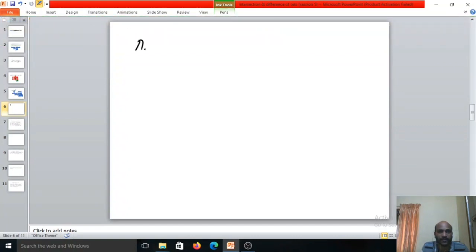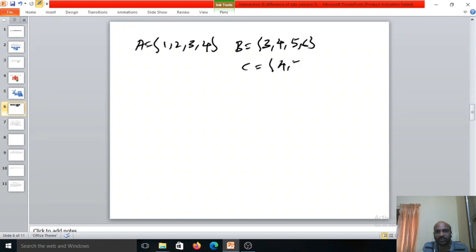Consider one set A equal to set 1, 2, 3, 4. B is the set which consists of elements 3, 4, 5, 6. And suppose C is the third set. Elements are 4, 5, 6, 7.